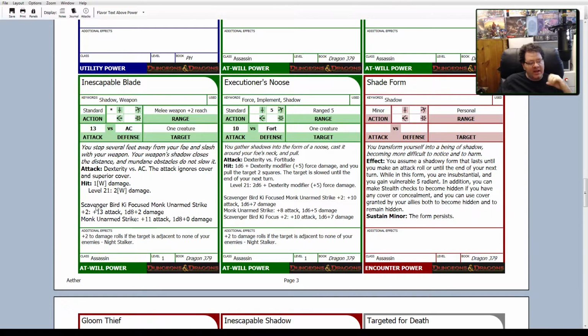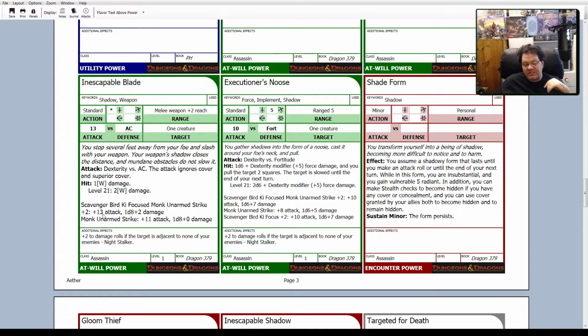As you can see, it gives the description of what it does here, and then it actually shows you, depending on what weapon you're using. I don't know why it always shows me the Monk Unarmed Strike and this, but this is the only one that I would use. The Scavenge Bird Key Focus Monk Unarmed Strike is what I would use for my attack.